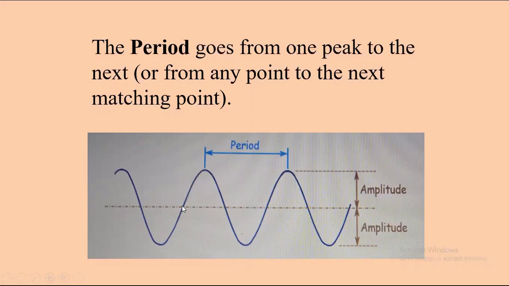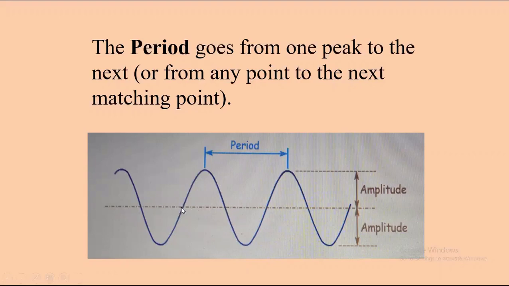So find out another point where it goes up to the right direction and goes downwards to the left. Is it the matching point? No. You see the upper direction is at left and lower direction is at right.